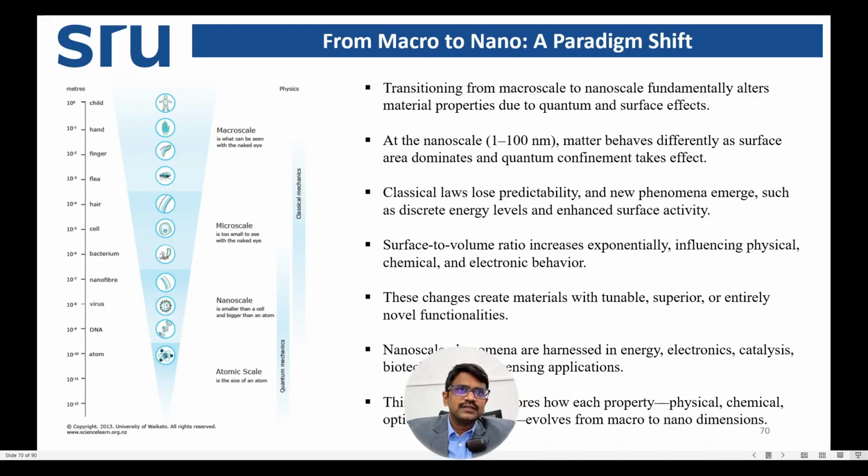All these come under macro scale, which is what can be seen with the naked eye. Whatever objects we can see with our eyes, we call them macro scale objects.